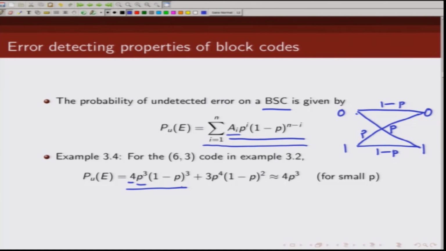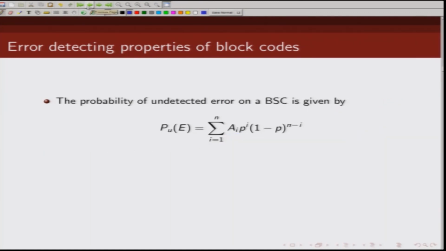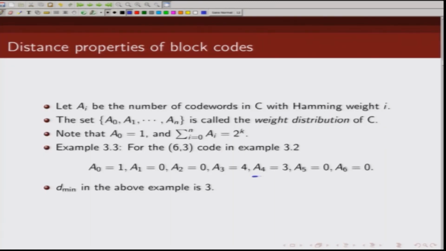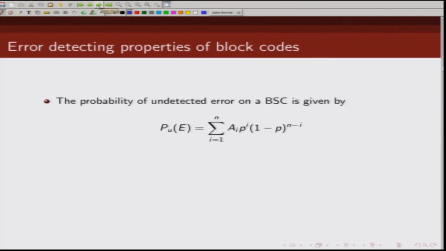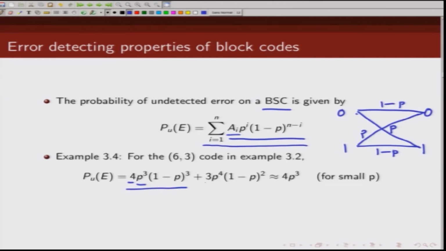The next term corresponding to these code words is given. So, there are 3 code words of weight 4, probability of 4 bits getting flipped is p raised to power 4, and probability of the other 2 bits not getting flipped is 1 minus p whole square.